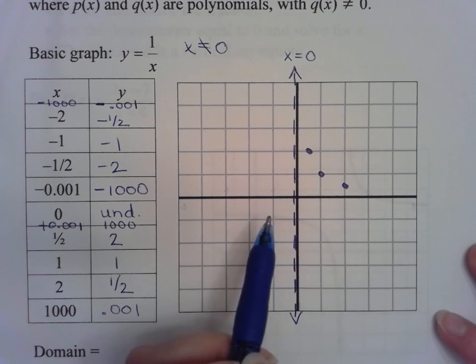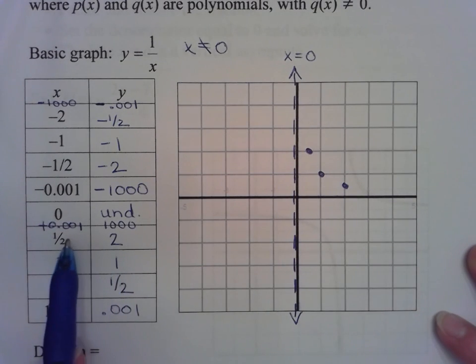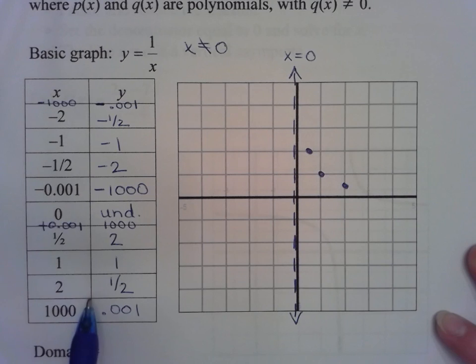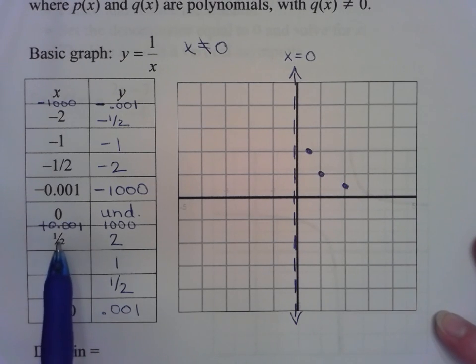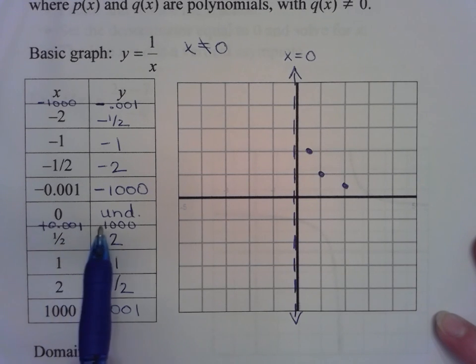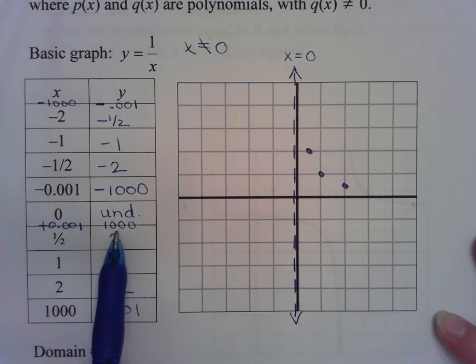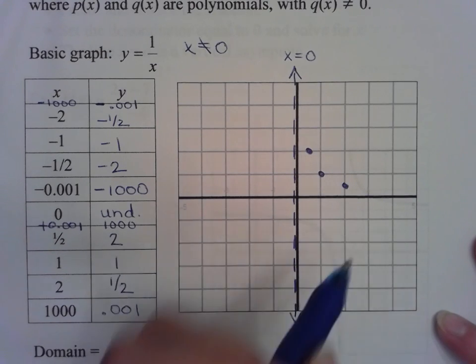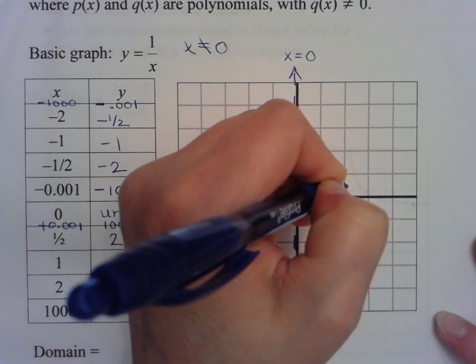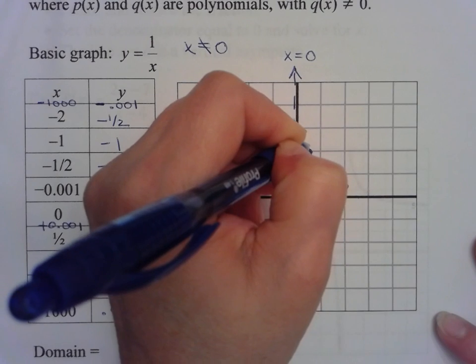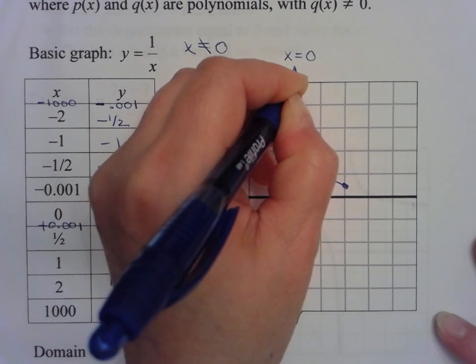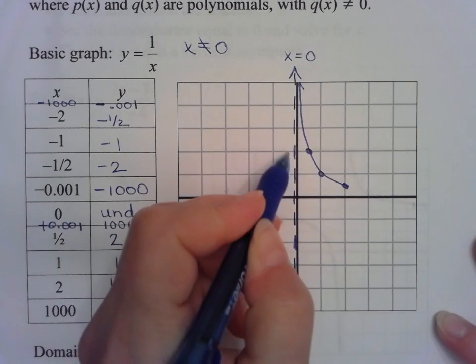Okay, and I don't think we can actually plot these other tiny and very large numbers, but we can think about them. So as I get really close to 0.001, the y value is shooting up to this really large number. That means that as I draw my graph, it's going to get infinitely close to this dotted line.